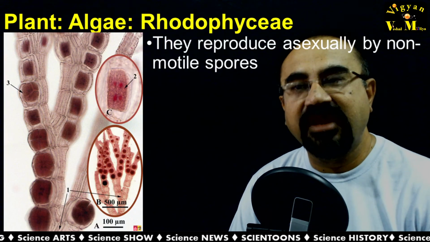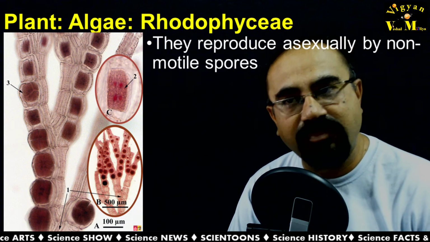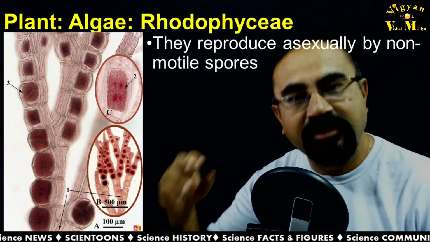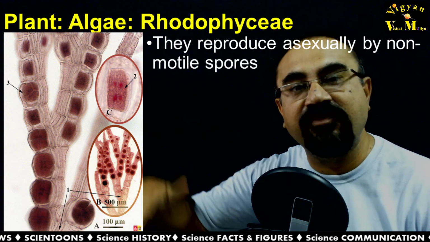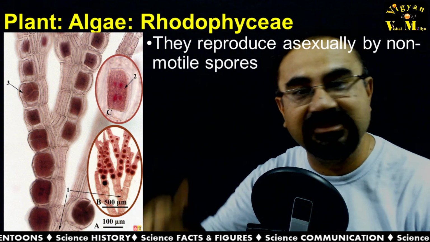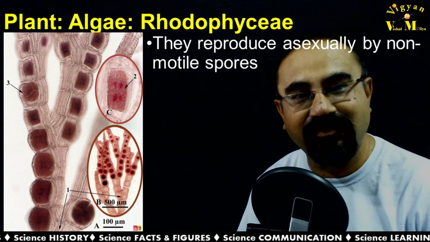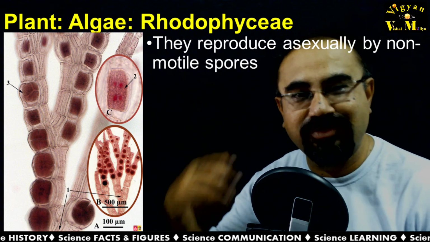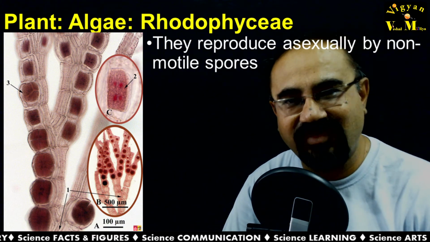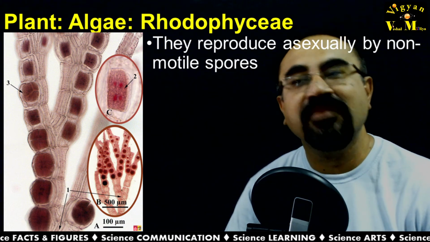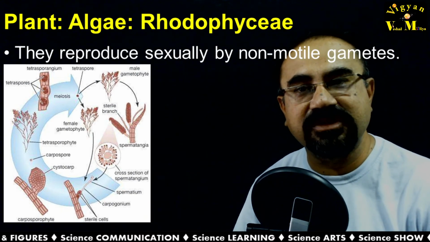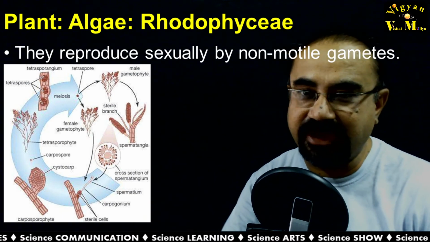They reproduce asexually by non-motile spores, and non-motile because they are found in the ocean where a lot of tide is there. So there is no need to invest in the formation of flagella for the plants. Sexual reproduction is by non-motile gametes.